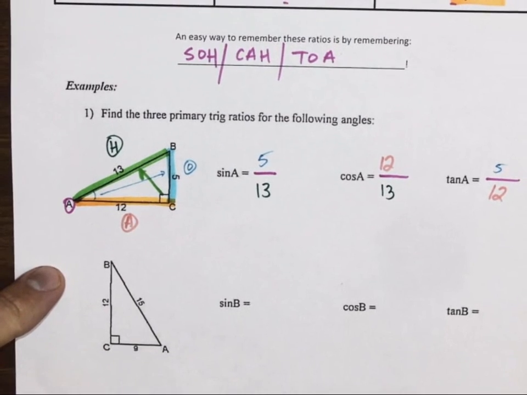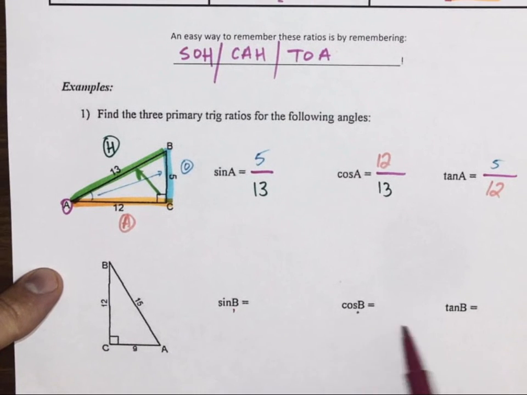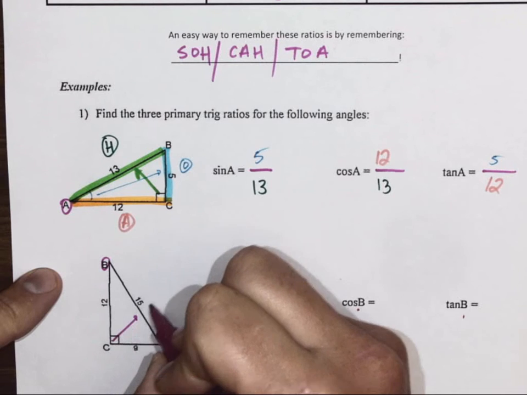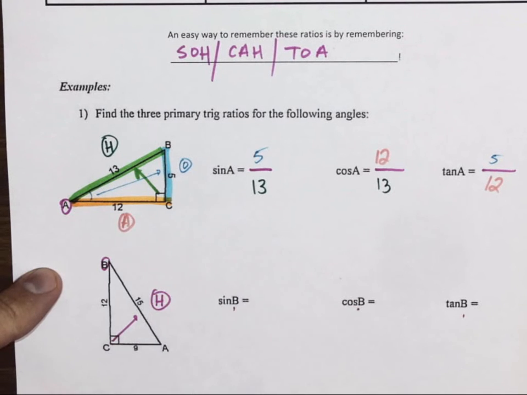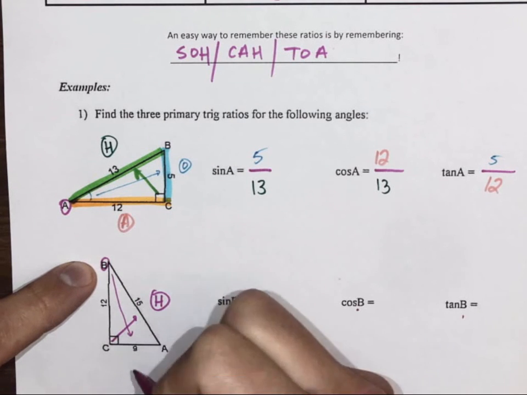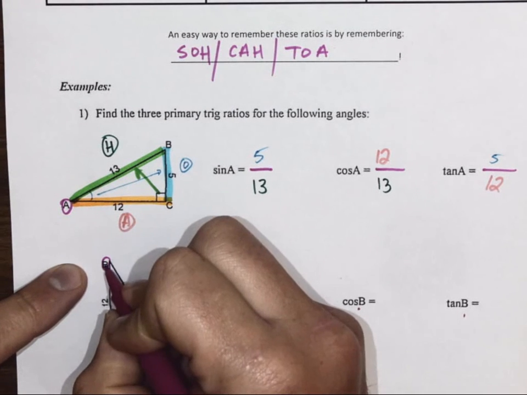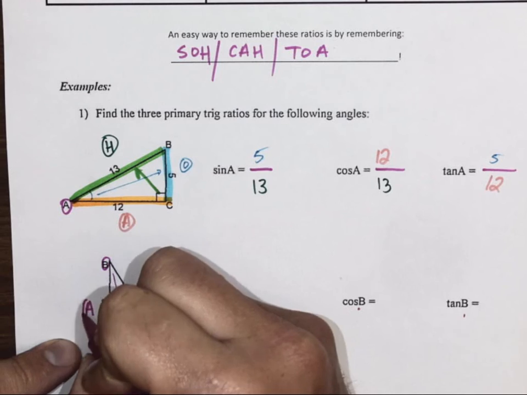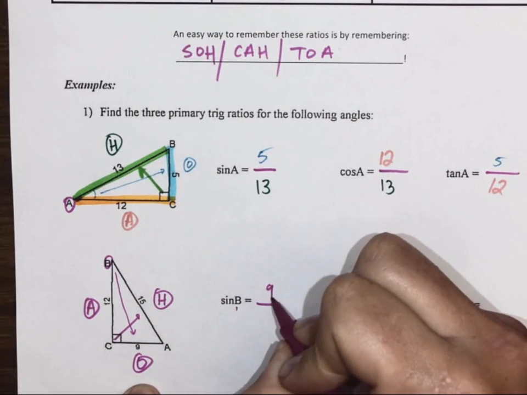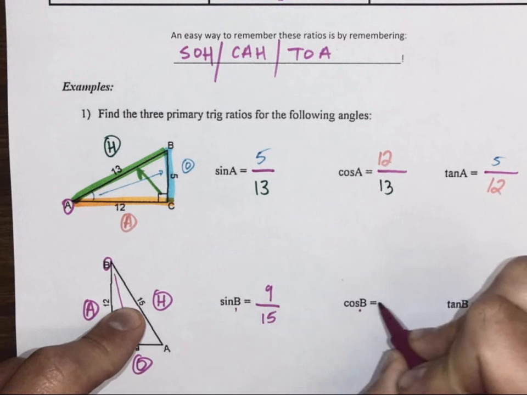If I do it now without color coordinating, looking at vertex B, or corner B, I think there's my 90, so there's my hypotenuse. On the other side of the triangle from the corner I'm looking at is my opposite, and from the corner I'm looking at to the 90 is the adjacent. So sine is opposite over hypotenuse.